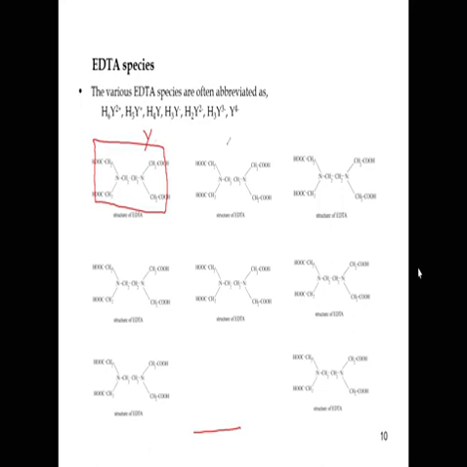If it is Y, this particular one you can say H4Y, right? H4Y. Now if you lose one proton here, then you can say it is H3Y minus. If you lose another proton here, the dissociation there, then we can say it is H2Y2 minus.